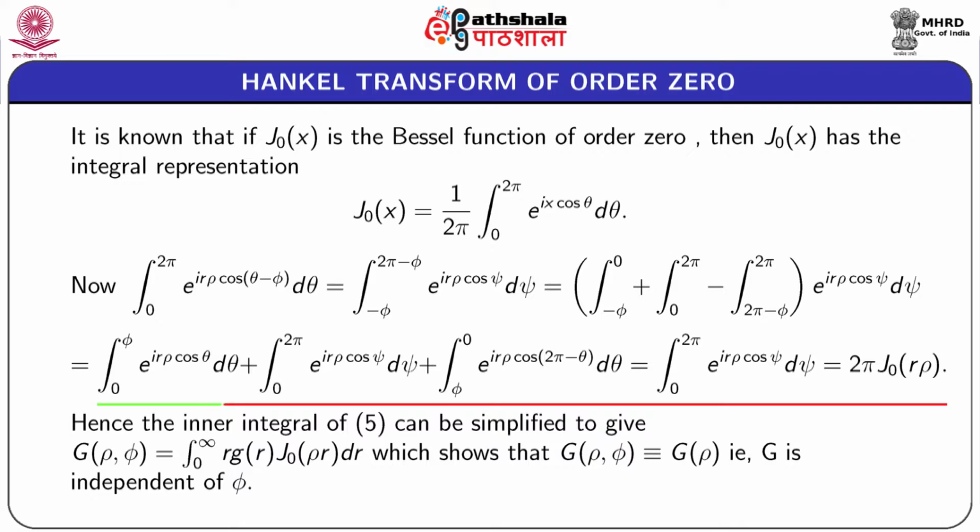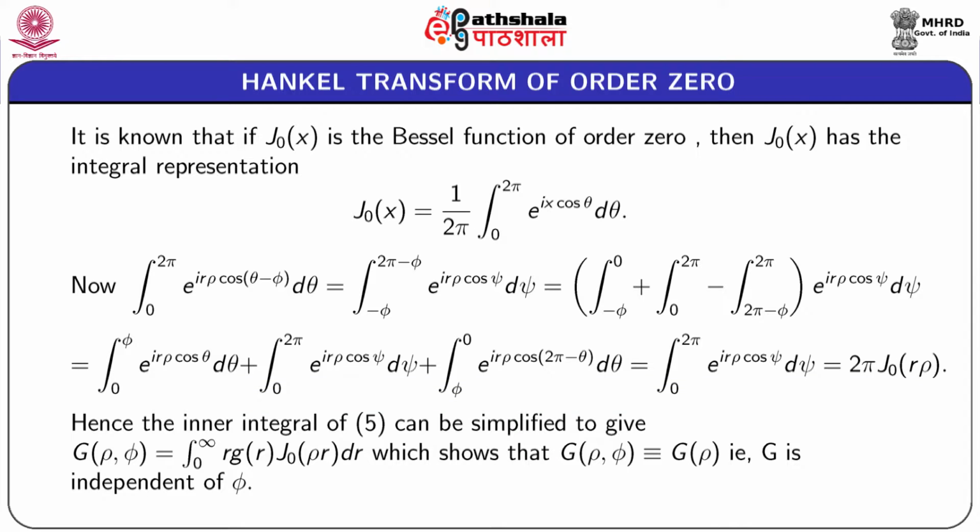The second integral is from 0 to 2 pi e to the power i r rho cos psi d psi, and in the third integral we substitute psi equal to 2 pi minus theta, and this integral becomes phi to 0 e to the power i r rho cos(2 pi minus theta).